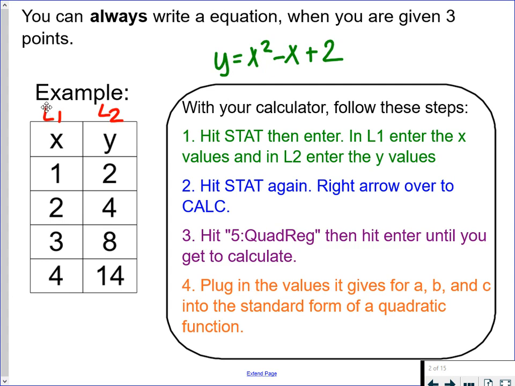How many of y'all in your calculator have an R squared that pops up? Not all of us have it pop up, so here's how we're going to make it pop up.